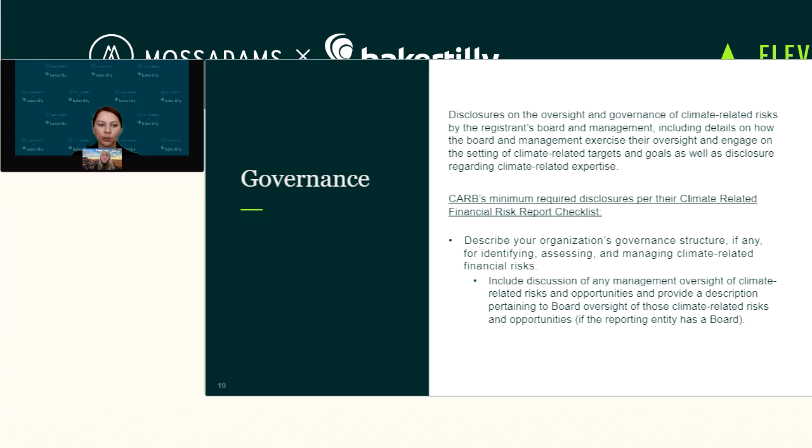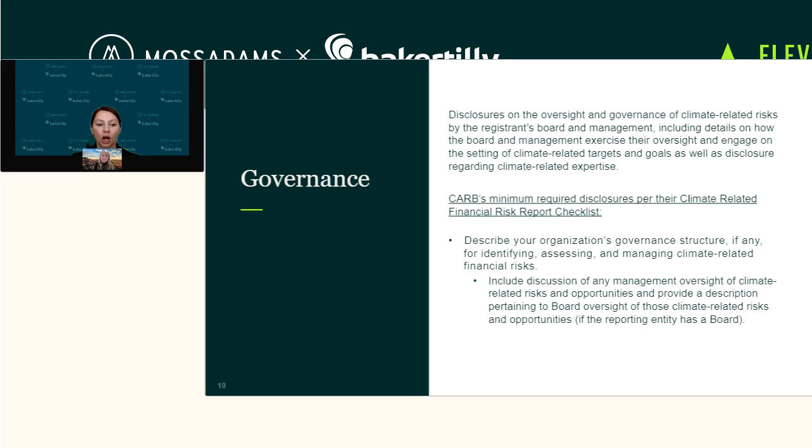All right, so starting with this first core element of governance, the TCFD framework recommends disclosures on the oversight and governance of climate-related risks at both the board and the management level, including details on how the board and management exercise their oversight and engage on the setting of climate-related targets and goals, as well as disclosure regarding climate-related expertise.